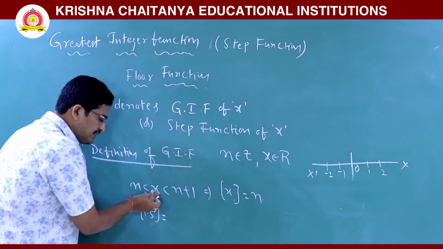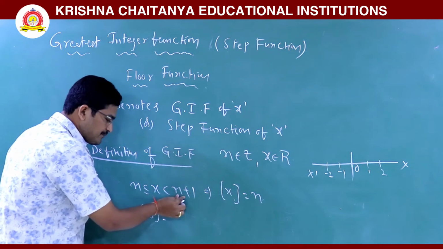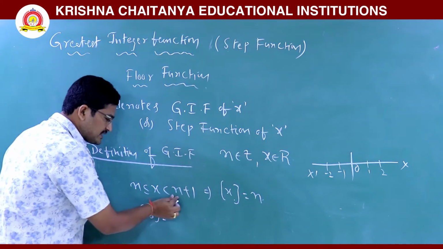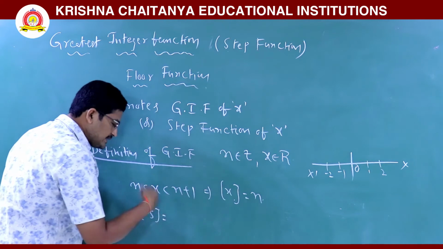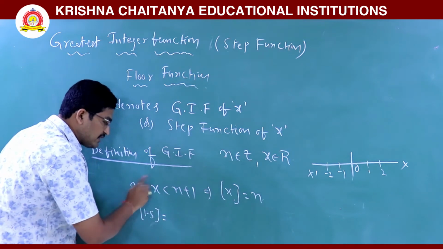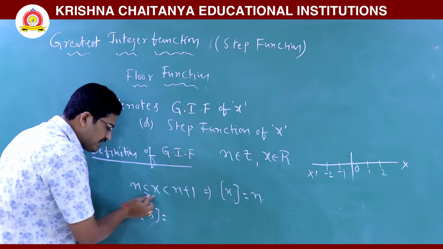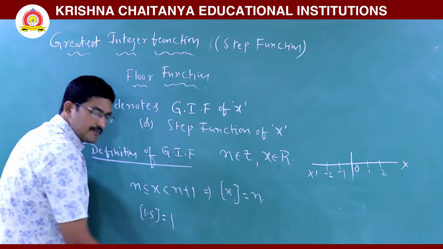Therefore, 1.5 lies between n and n plus 1. If x lies between n and n plus 1, then step x is n. In the same way, 1.5 lies between 1 and 2, so step of 1.5 is equal to 1.